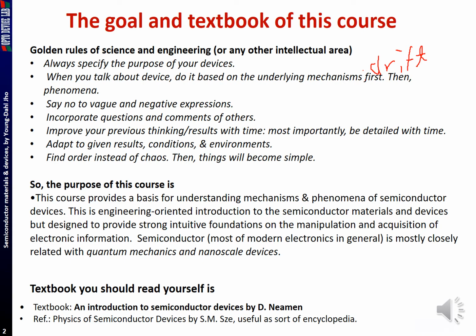In our case, an electron is moving from one point to another due to the electric field. That is drift, and it's called a mechanism. And what is the phenomenon? There comes current generation. When the electron is also accelerated during this drift motion, there comes light emission.